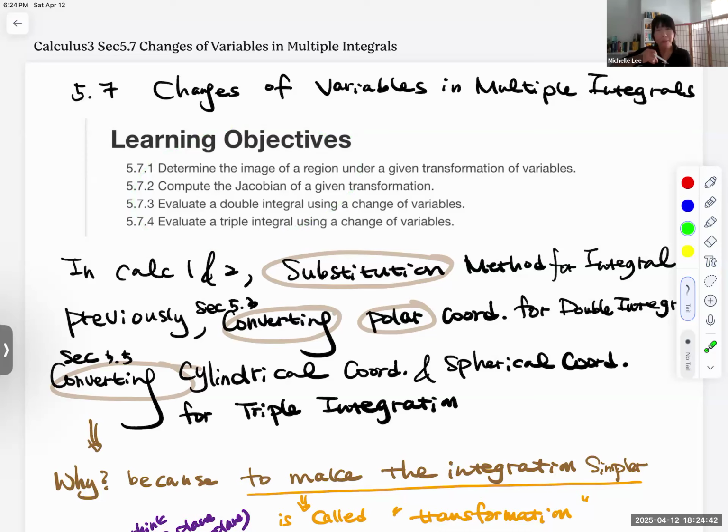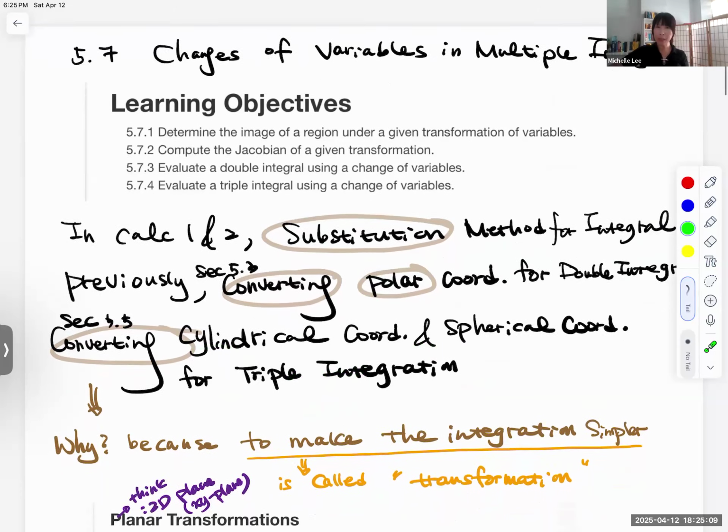Now, we had the substitution method for integrals in Calculus 1 and 2, right? And in Calculus 3 we learned converting to polar coordinates for double integration, and converting to cylindrical and spherical coordinates for triple integration, right?